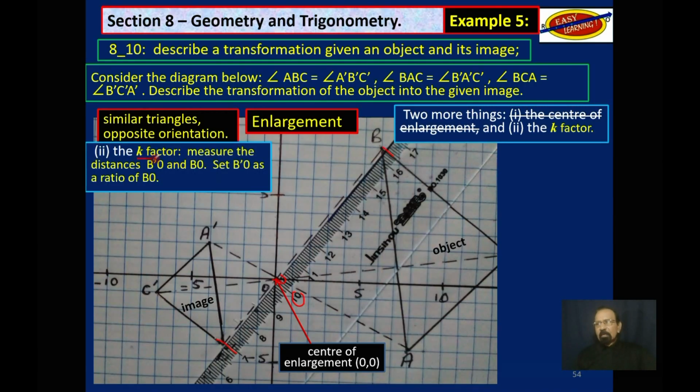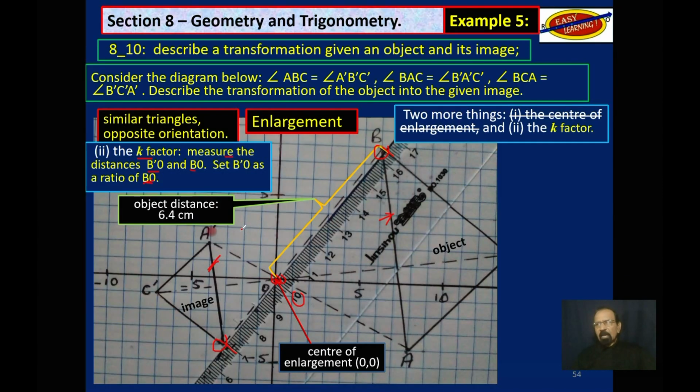So to find the scale factor, you measure the distances B prime O and B O. Set the image distance as a ratio of the object distance, always image distance, or image size if you are using the side. If you measure that side, set that as a ratio of this side if you are using corresponding sides.